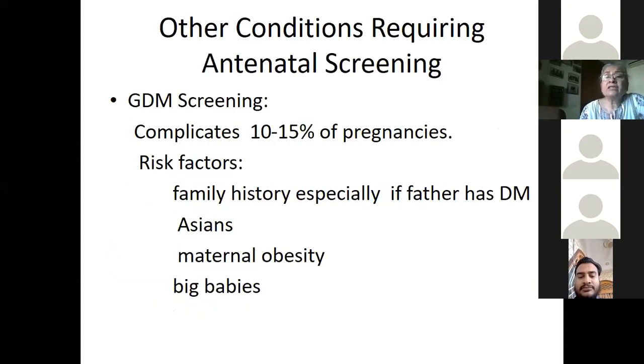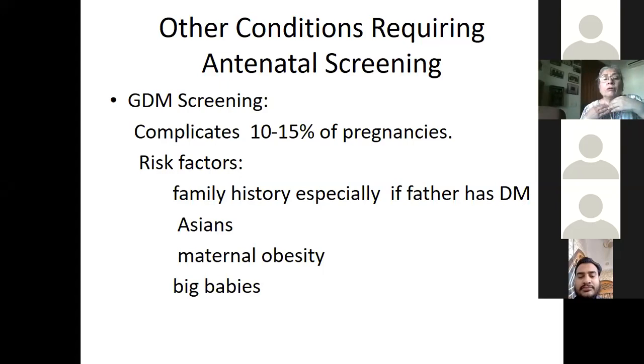Now, other conditions which require antenatal screening include screening for GDM. Why do we want to screen for GDM? Because, being a South Asian population, we have a very high incidence of diabetes in the family. And in families affected by diabetes, especially if the father has diabetes, his daughter during pregnancy is at high risk of developing gestational diabetes.